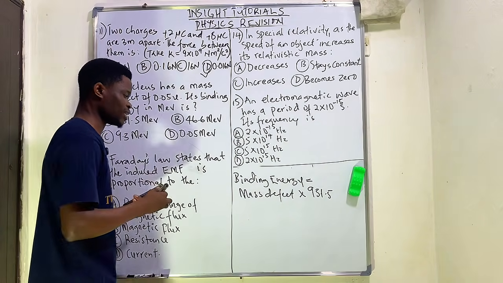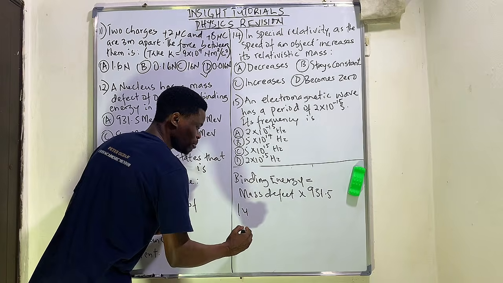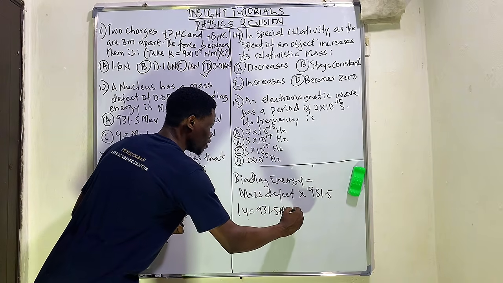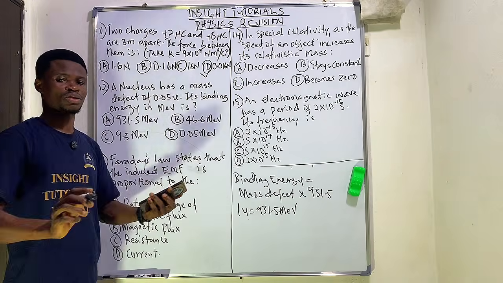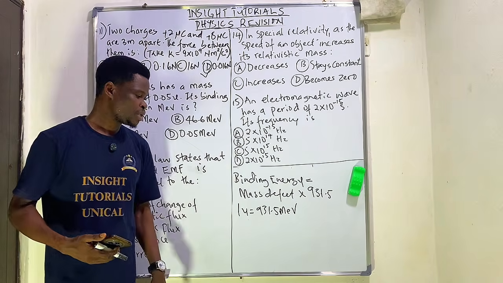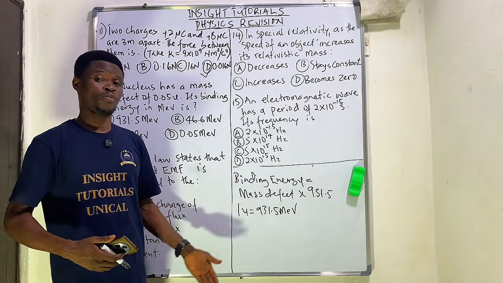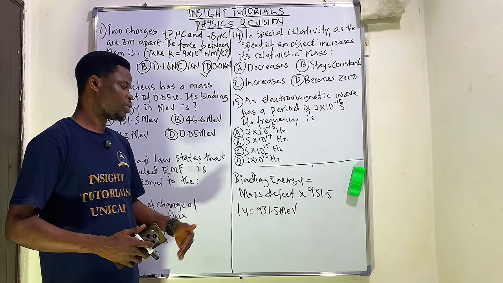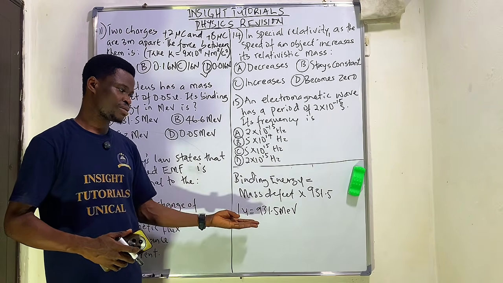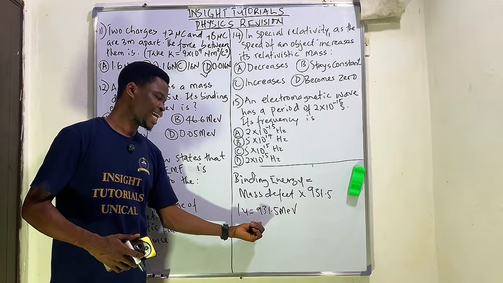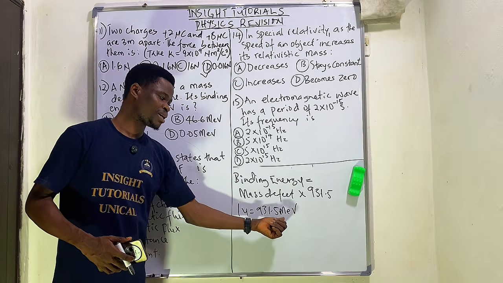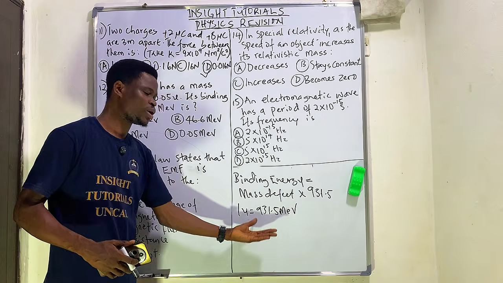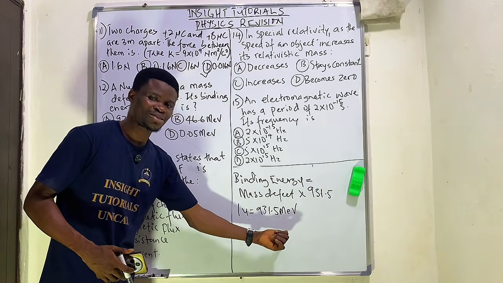You need to know that one atomic mass unit is equal to 931.5 mega electron volts. It's constant. So whatever mass defect you're given, for you to get the binding energy, you simply multiply that given mass defect times 931.5 in terms of mega electron volts, because one atomic mass unit is equivalent to 931.5 mega electron volts.